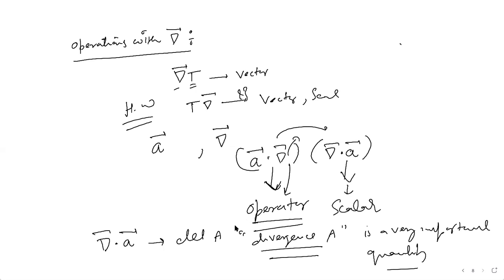And what exactly the physical meaning is, I would like to explain in the context of when we deal with the integral calculus associated with it. But I just want to see a few more aspects of it. Number one, for example, if you have a vector field, say you have a temperature contour, maintained from low to high temperature, and let's say there is a flow of heat happening, right?